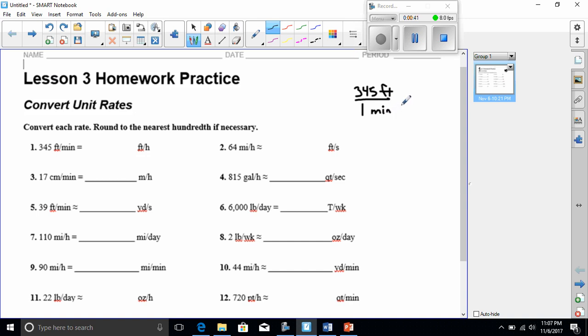Now, if I follow through with that, I have to realize they want me to put it in feet per hour. So I want to keep feet, but I want to lose minutes. That means I've got to multiply with minutes on top over here. How many minutes are in 1 hour? Well, there are 60 minutes in 1 hour.